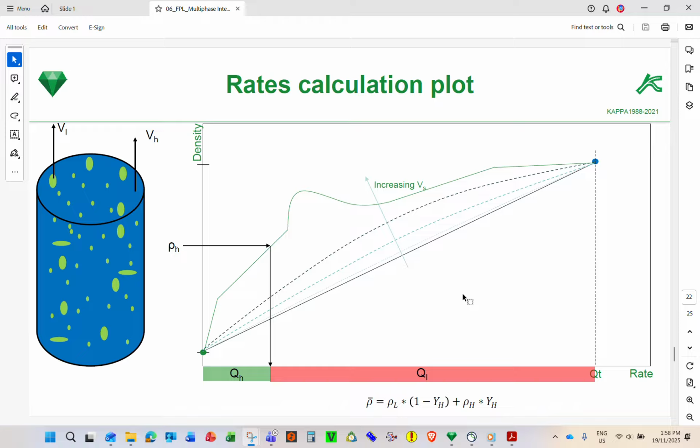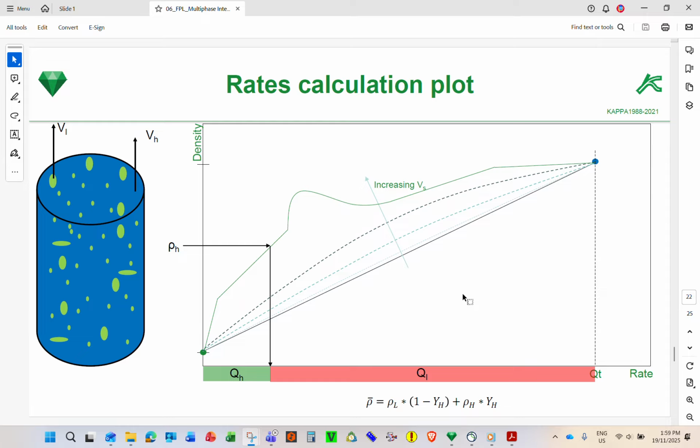So when you have the slippage higher than 0, the holdup you see is higher than it should be. For example, imagine you have a tube with gas and water at the same time with the same speed. That's okay.